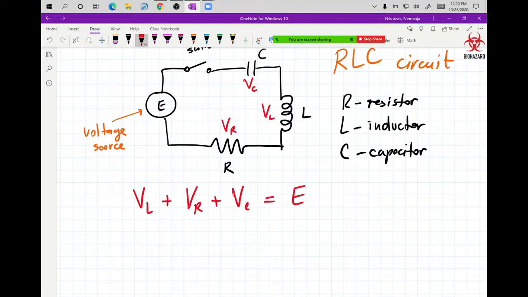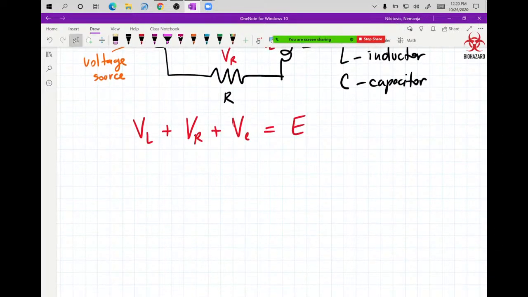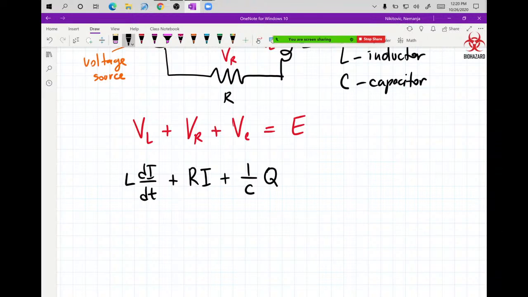What we are going to have here is that the voltage drops are measured. Now, this is going to be the physics of it. You have L times the change in current in time plus resistance times the current plus 1 over capacitance times the charge is going to be equal to the voltage produced for the entire circuit.